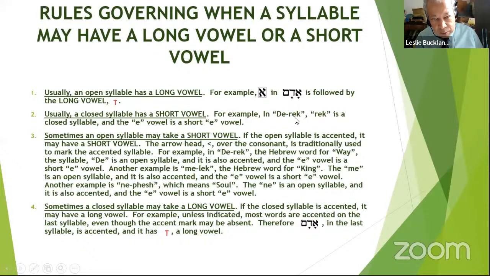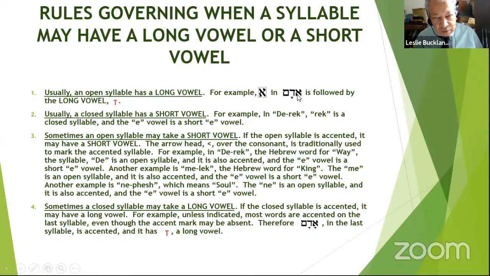Usually the accent would be on the last syllable, but in this word, an accent is over the first syllable, which is an open syllable, and because an accent is there, then the rule of grammar in Hebrew allows for a short vowel to be put there.